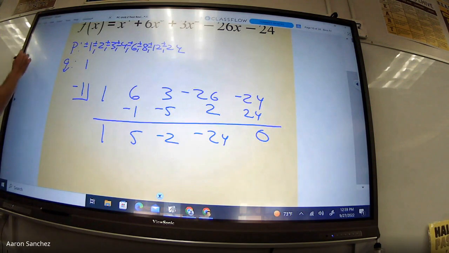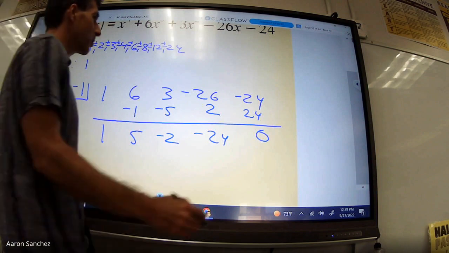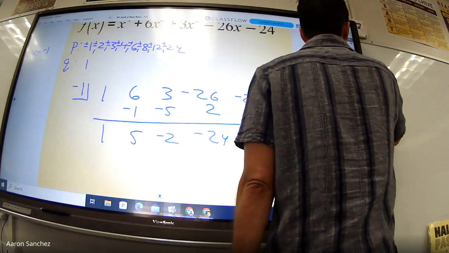So at that point, we write x equals -1. Because what's the question? Find all the zeros. How many did we find so far? 1. So you could try -1 again, but I'm going to try +2.